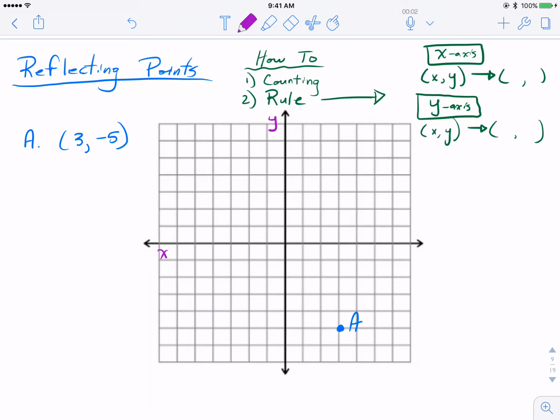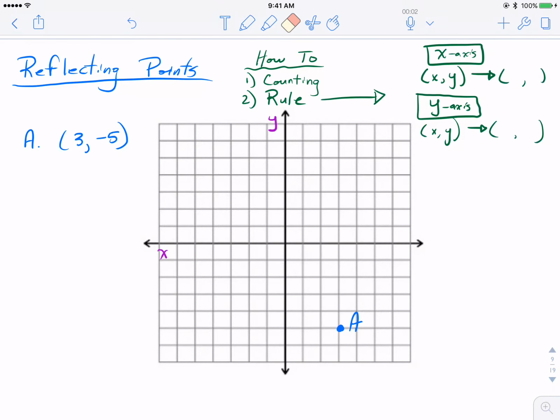So in other words, if I wanted to reflect point A, which I've already plotted down below, (3, -5), over the y-axis, that's the vertical axis, I would simply count. You wouldn't do this, I'm just doing this as a demonstration. The fact that it's 3 units away on the right means you would also go 3 units away on the left and arrive at your new point, which we would call A prime.